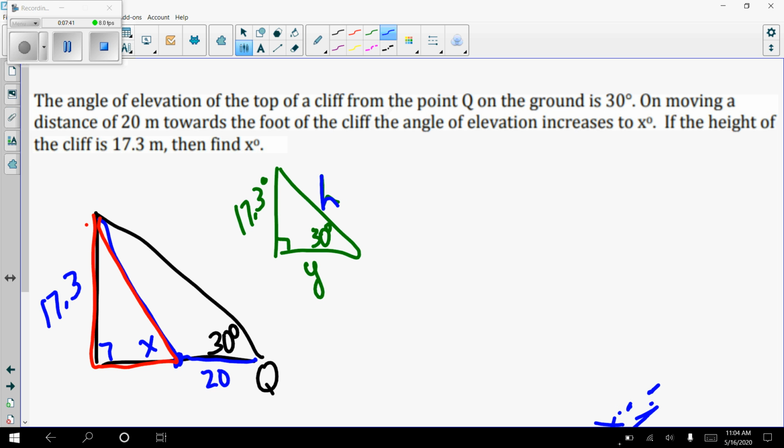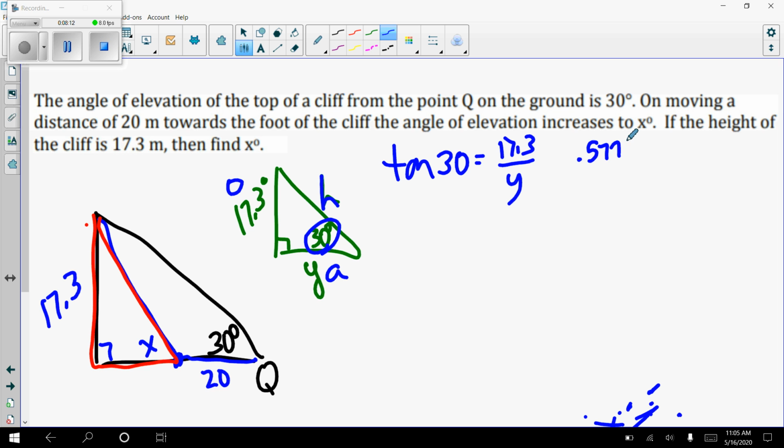Okay, here's my angle. So this would be opposite, this would be adjacent. So I think I would use tangent again. I would say the tangent of 30 equals 17.3 over y. The tangent of 30 is 0.577.